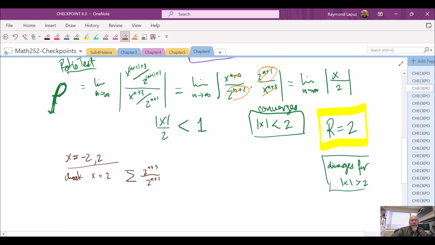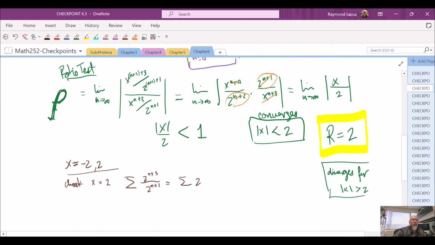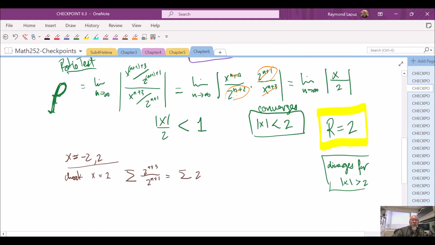And let's see. This simplifies to the series. I think we can get rid of all the n's, and there's 2 extra on top. And this would be just the 2 squared in the numerator.